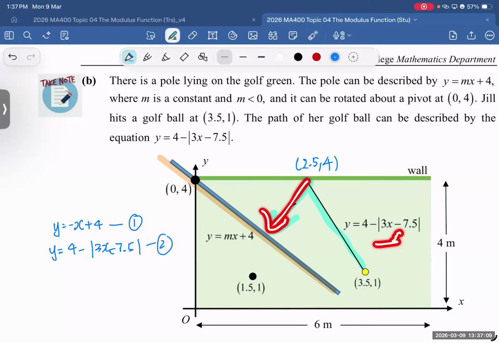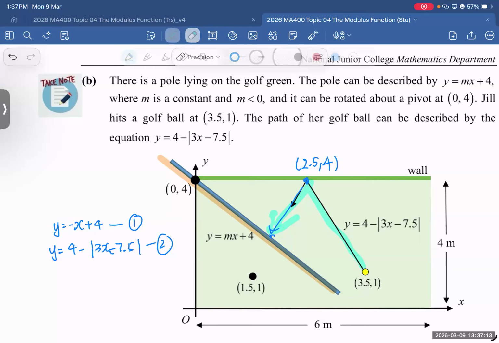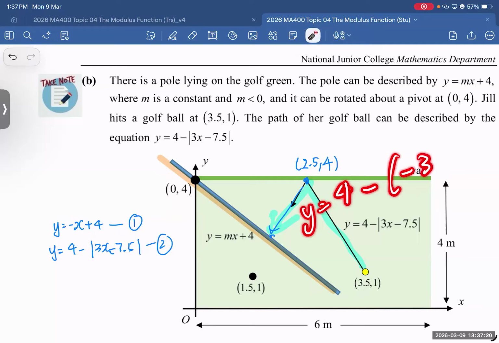That's why at this point, we are looking at y equals 4 subtract the negative of 3x minus 7.5. This is the equation of this line, so that you don't have to deal with the modulus, because the modulus will kill you now. Is that okay?